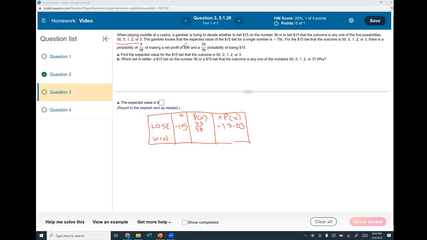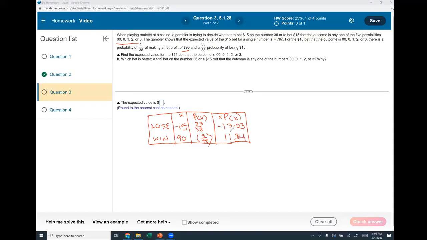If I win $90, I have 90 times 5 divided by 38. And that equals positive 11.84.